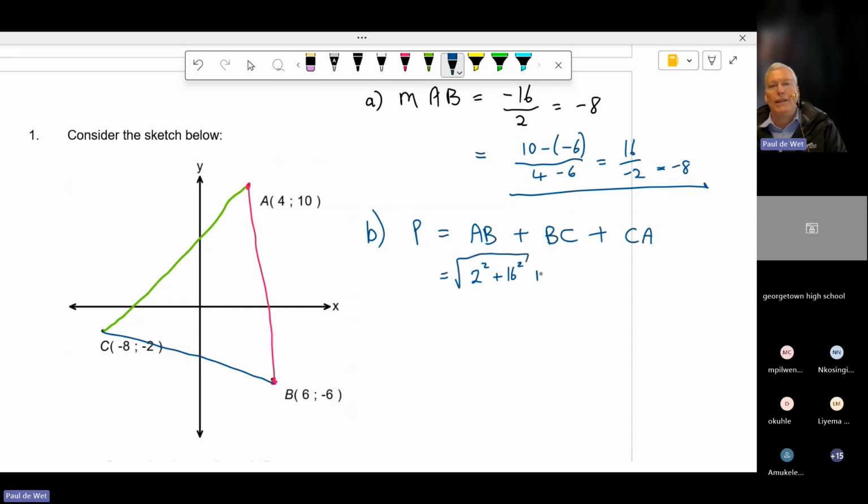I'm going to do BC slightly more slowly. I'm going to go -8 minus 6 squared, and -2 minus -6 squared.